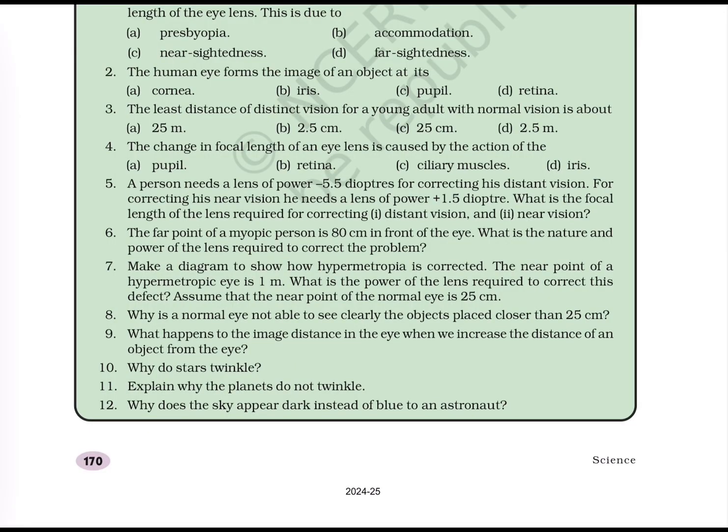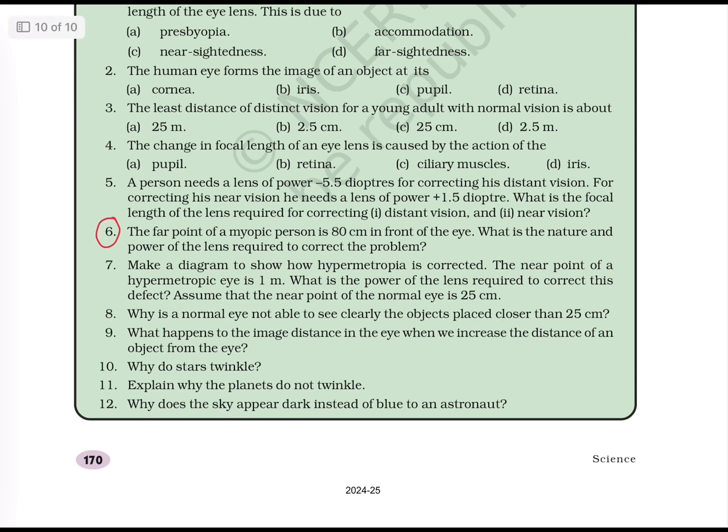Let us take, for example, question 6. What is given in this question? The far point of a myopic person is 80 centimeters in front of the eye. What is the nature and power of the lens required to correct the problem? So what is asked?